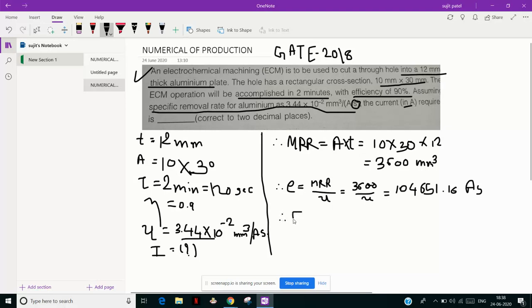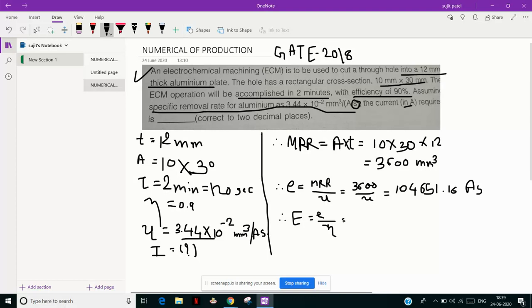So actual energy, capital E, that is small e upon efficiency. Some of you might have questioned why we have divided this efficiency, why not multiplied? So the reason is the current we are applying, so we are giving input. So whenever there is an input and efficiency is associated with it, we are dividing efficiency.